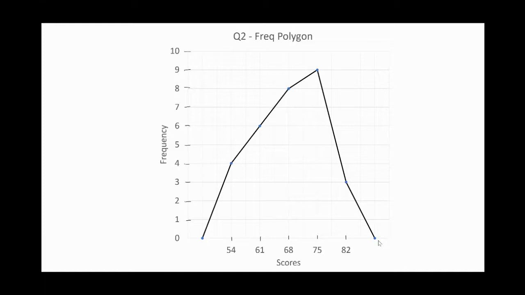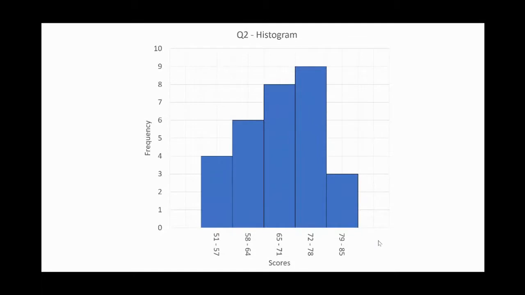Now we move on to the ogive. Right, before I move to the ogive, let's look at the table first. The table shows 51 to 57 is the first class. The second one is 58 to 64.